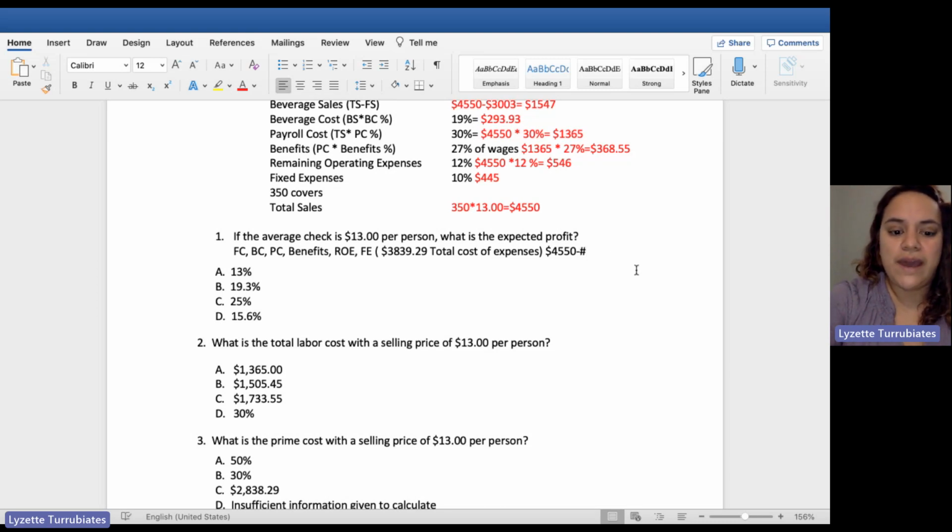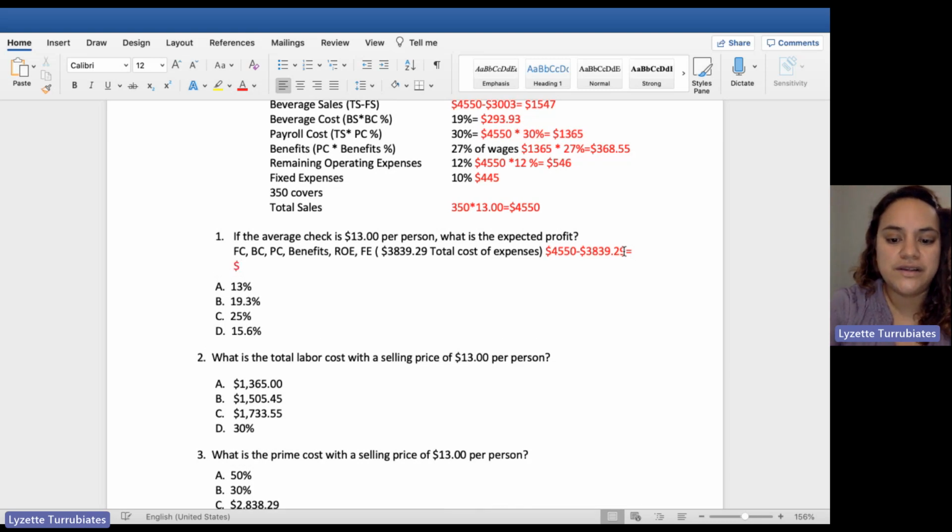So then we're going to take away 3,839.29, and that's going to give us $710.71. So that is how much we profit, right? So that equals our profit.